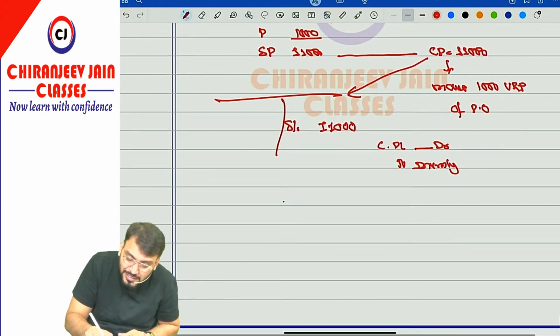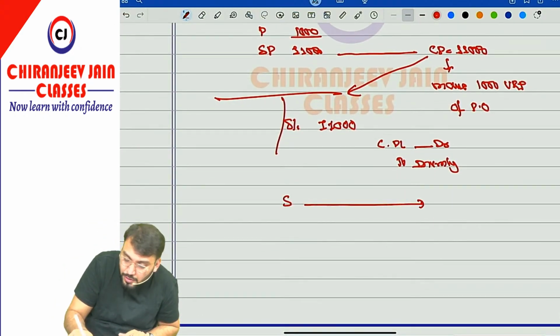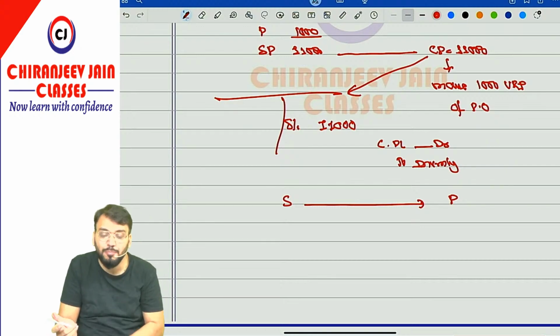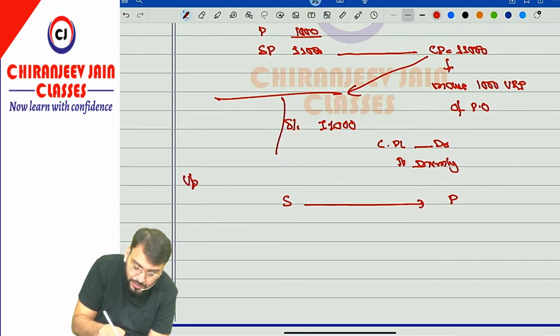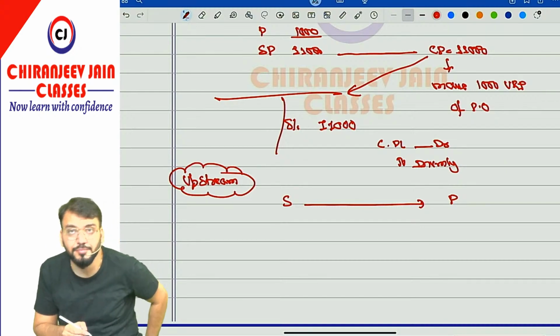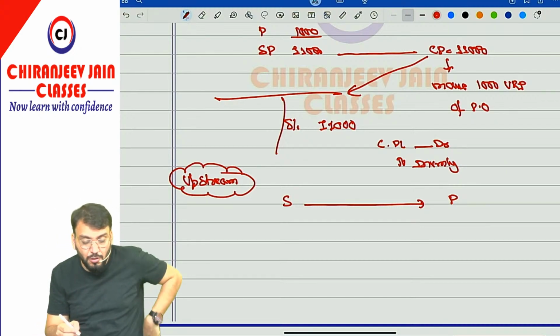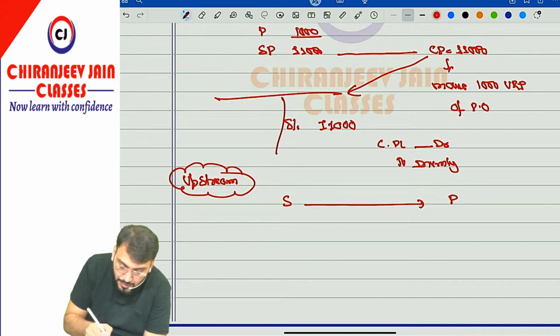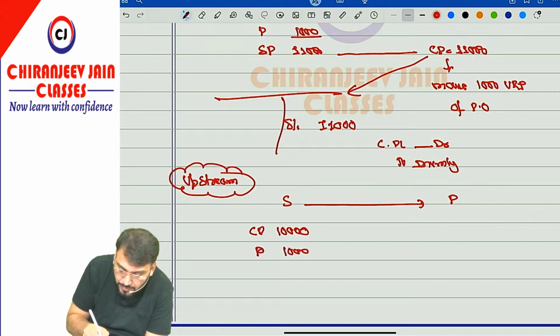But if I say the subsidiary company has sold goods to the parent company, this is also quite possible. This is known as upstream transaction. Understood? Upstream transaction. Got this point? So what does upstream transaction mean? Suppose goods costing rupees 10,000 were sold at a profit of rupees 1,000, so the sale price becomes 11,000.